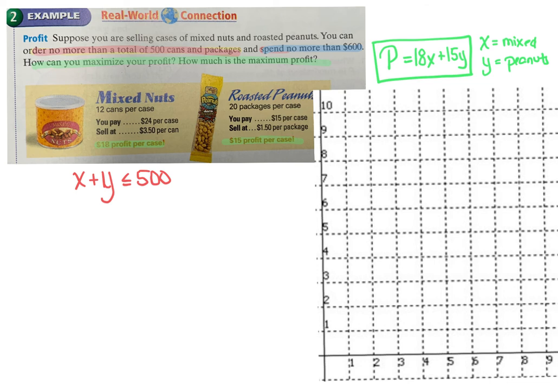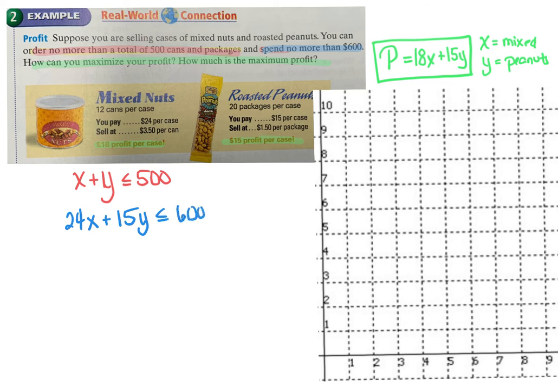Cost. 24x is what? Less than or equal to 600.